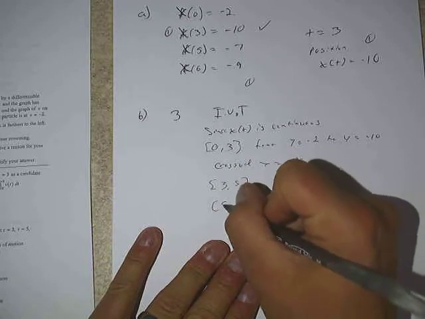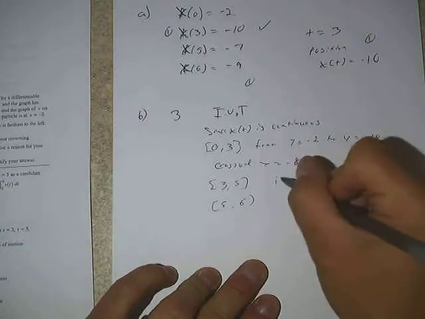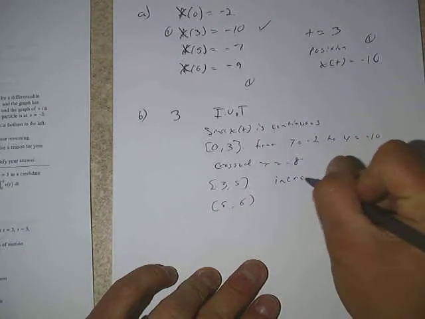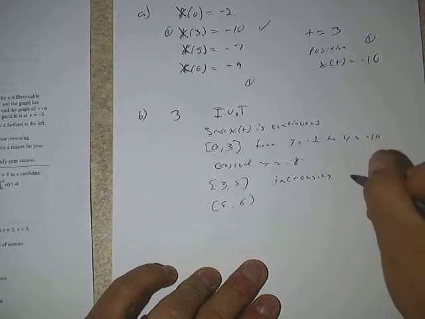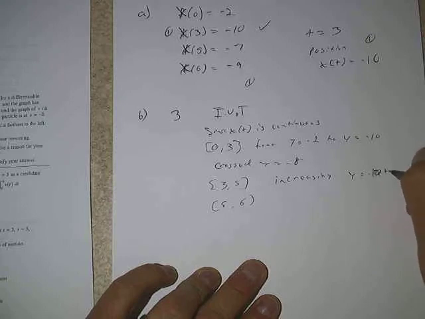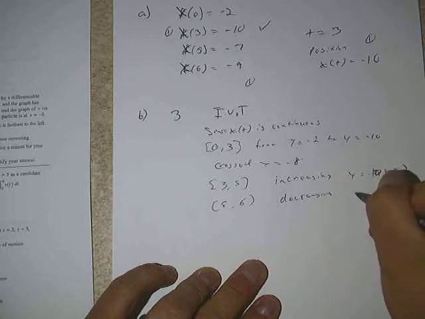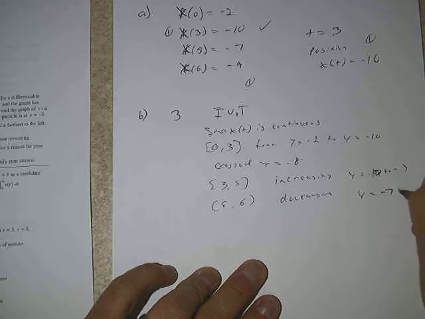And we can get the same analysis for the other intervals, 3 to 5 and from 5 to 6. Ultimately, we want to identify that for all of these. So we're decreasing through -8 here, and then this part we're increasing from y equals -10 to -7.